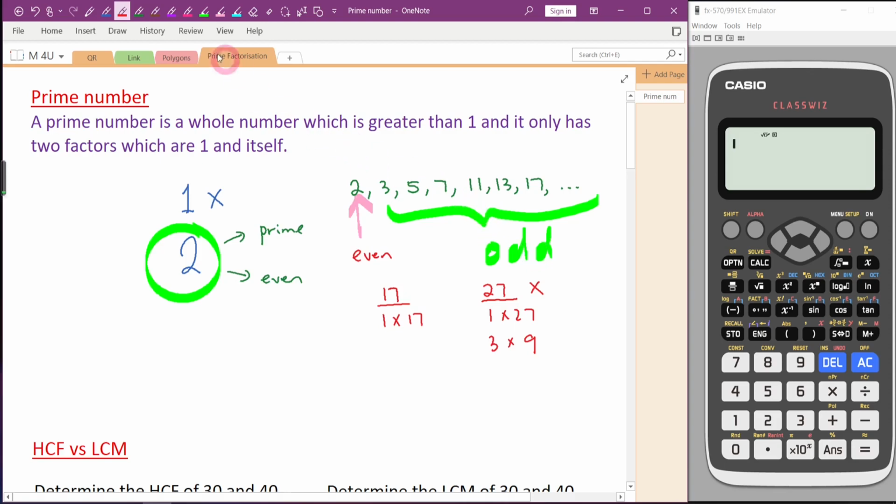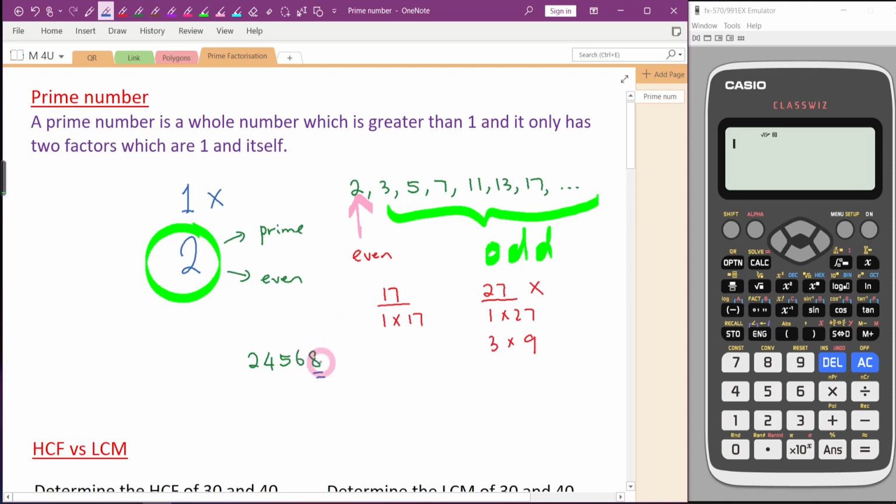Okay, let's look at some other numbers. 2, 4, 5, 6, 8. Is this a prime number? We don't have to list out all the factors of this number because it takes time. This is quite a large number. We just look at the digit at the back here, then we know whether this given number is a prime number or not a prime number.